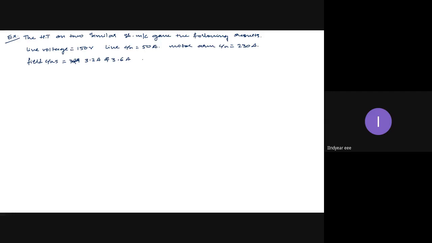Armature resistance of both machines is equal to 0.04 ohms.